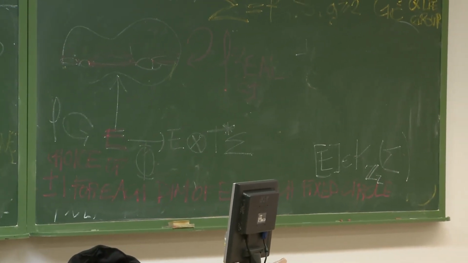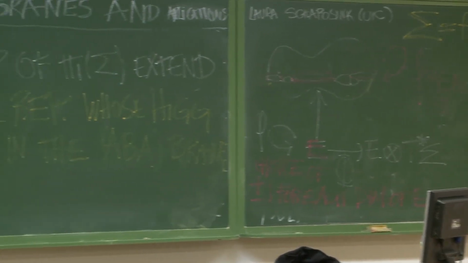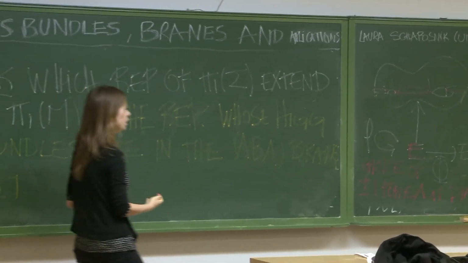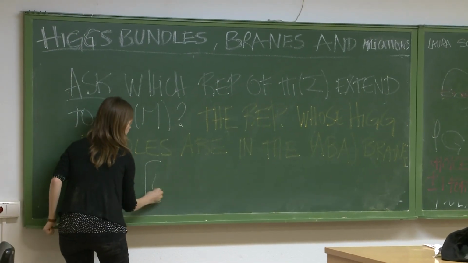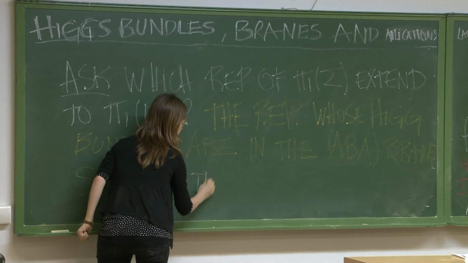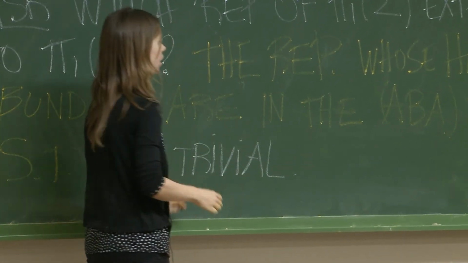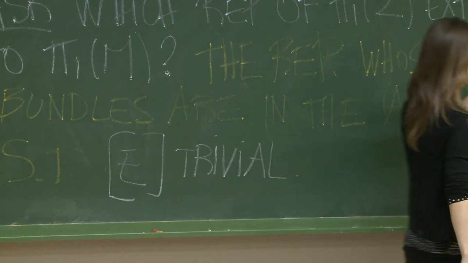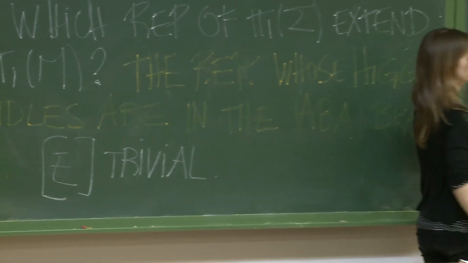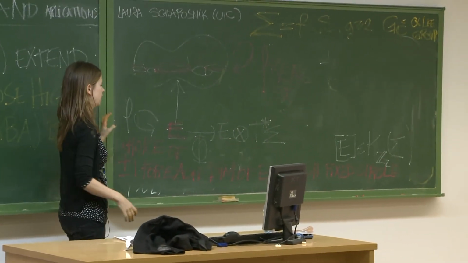So the things that extend are the Higgs bundles, or the representations. Higgs bundles already in our ABA brane, but not just any. They are the ones that have the class of E being trivial. So we can identify all the representations that extend from a boundary of a three-manifold to the three-manifold itself as components of this ABA brane.